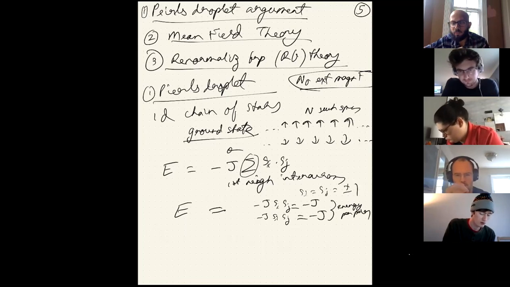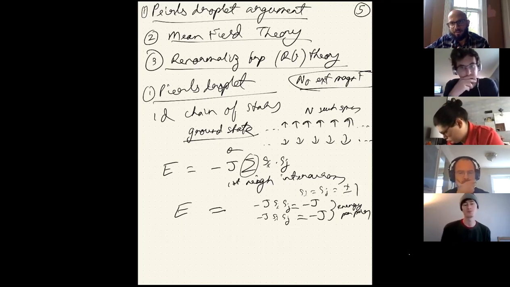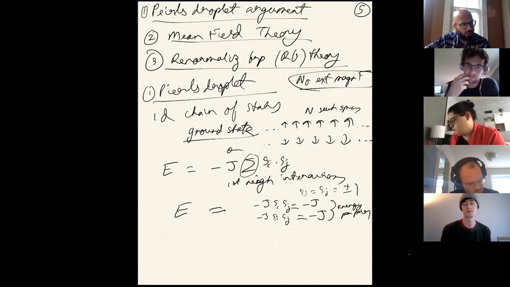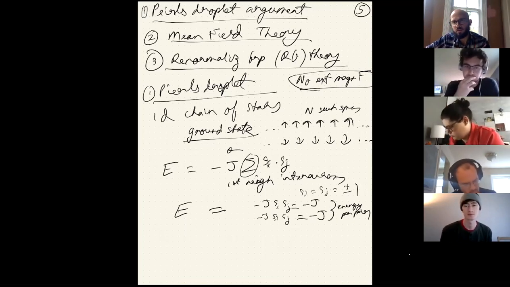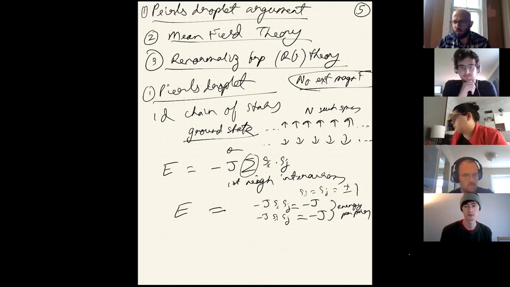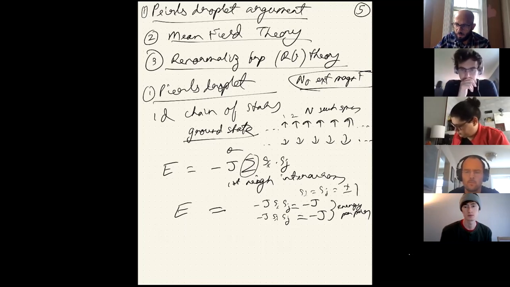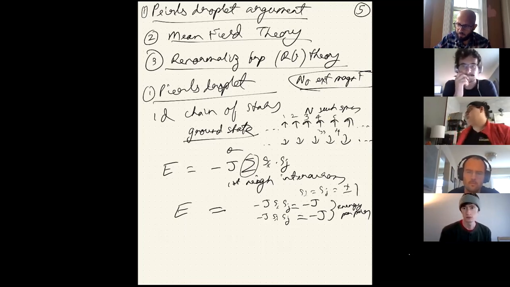Now the question is, how many pairs do we have? That's the whole thing. And here we are going to be a bit sloppy. If you had n spins with periodic boundary condition, then number 1 and 2 make the first pair, number 2 and 3 make the second pair, number 3 and 4 make the third pair, and so on, the nth one giving the n-1th pair.